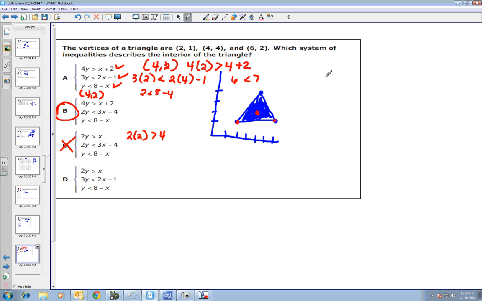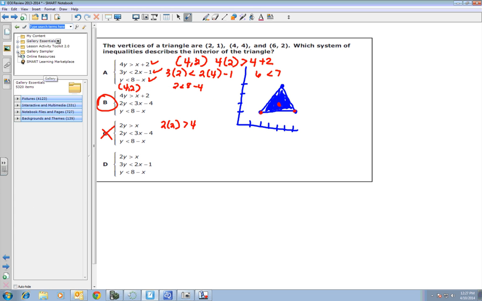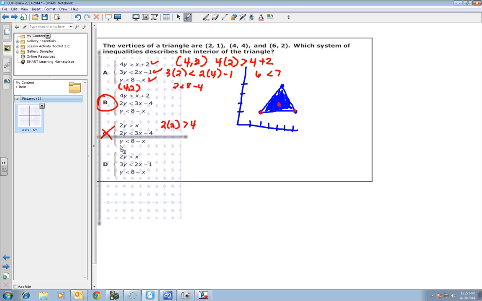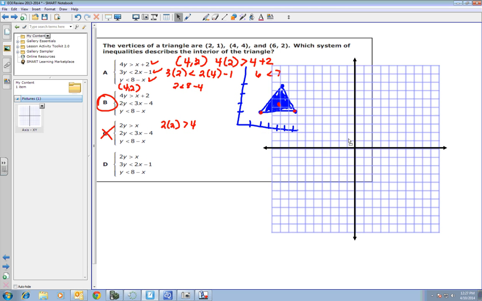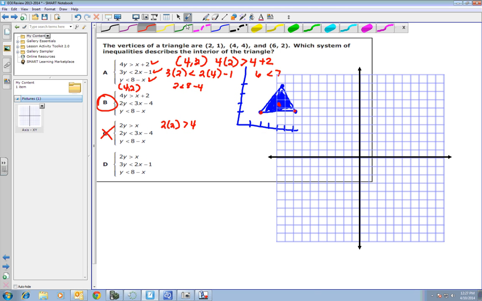So if I were to really graph this, let me show you. Because it's crooked, let me get a good one. Let me just graph this really quick.